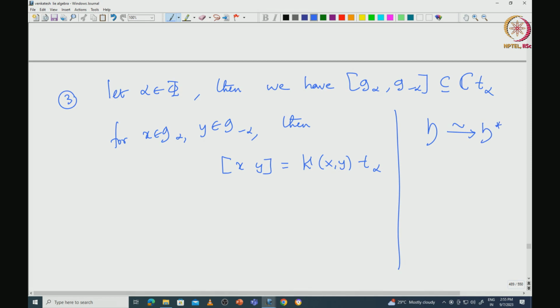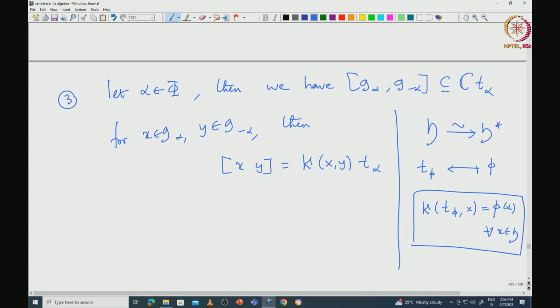In particular, given an element pi inside H star, we associate this T pi inside H, so that kappa of T pi comma x is nothing but pi of x for all x in H. Using this equation, the T pi's are defined uniquely.